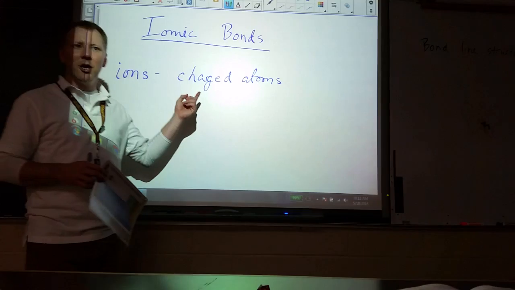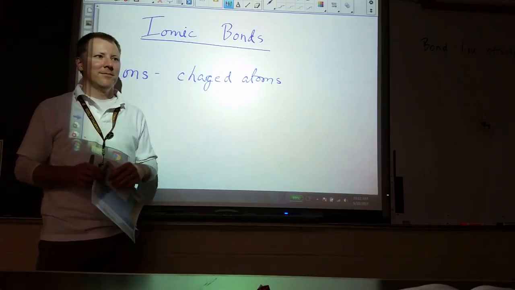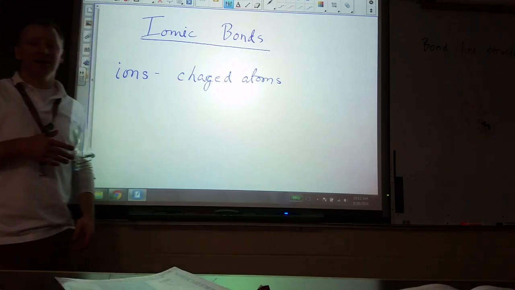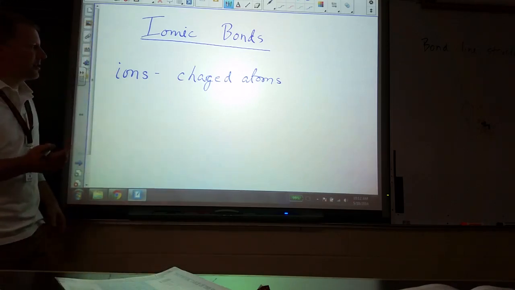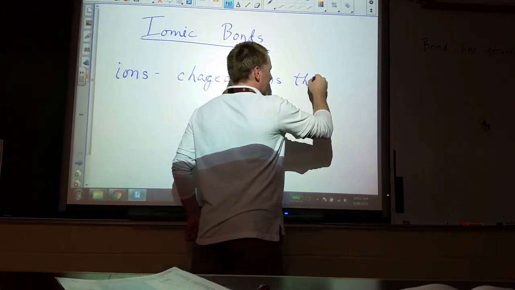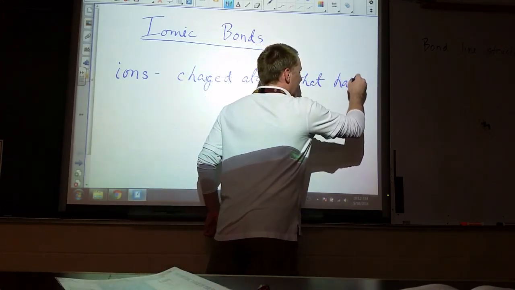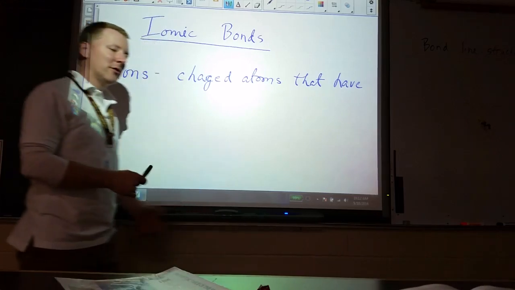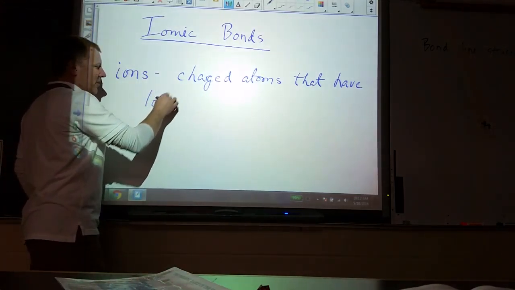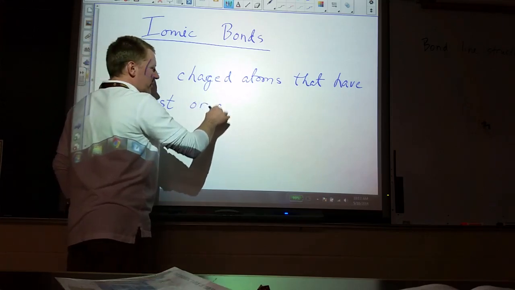So what makes something charged? It's lost or gained one or more electrons. So we're going to say they're charged atoms that have, and I'm just going to keep it general, lost or gained, because it could be either one.